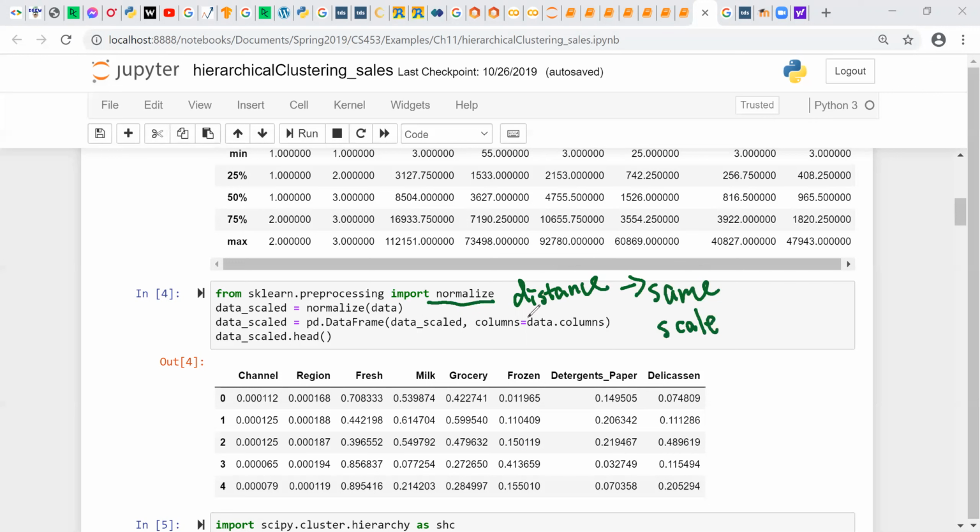For data pre-processing, we do normalization. Who remembers the other way to do data pre-processing to bring data to the same scale? Is it a standard scaler? Yeah, very good. You can send your answer to chat. Yeah, standardization.